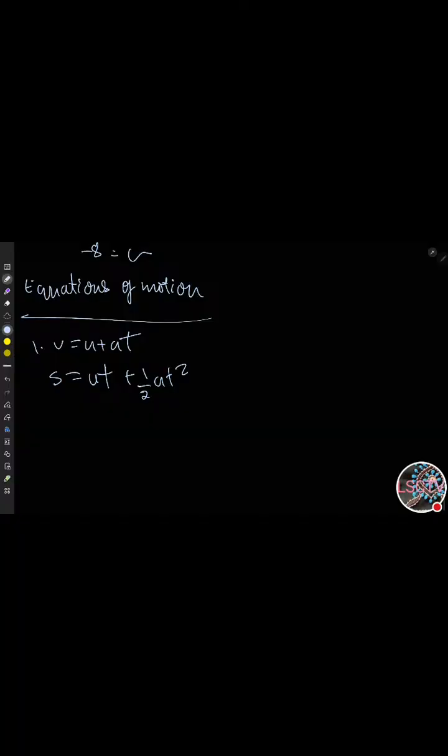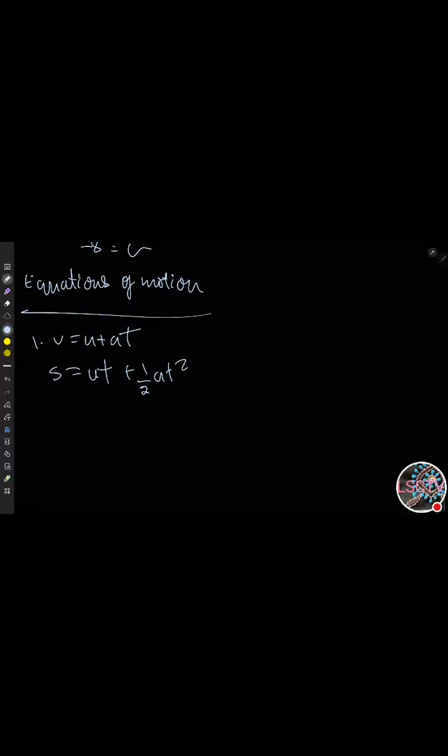Fine. Then we have v square is equal to u square plus 2as. Okay, these three equations of motion you memorize them.